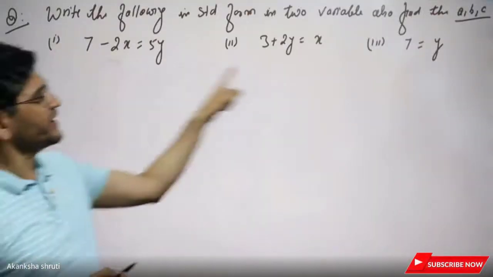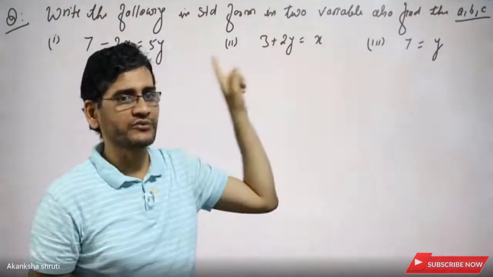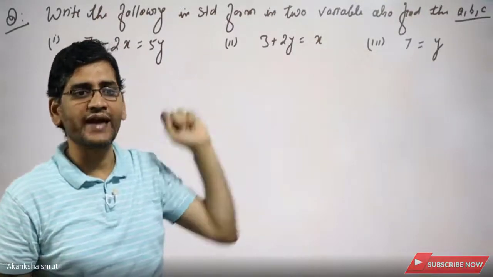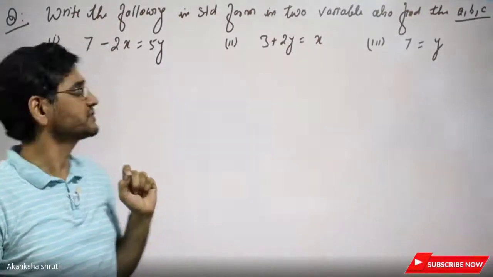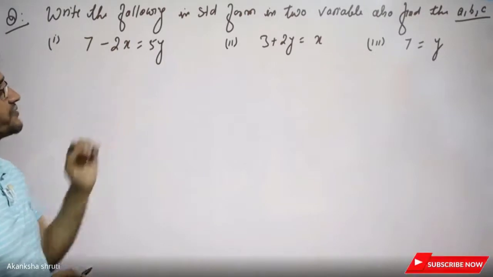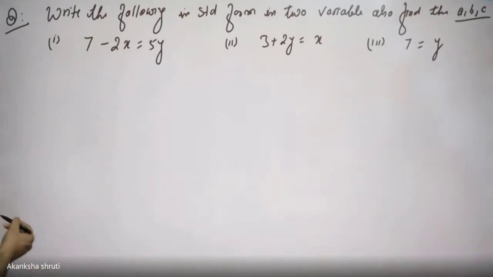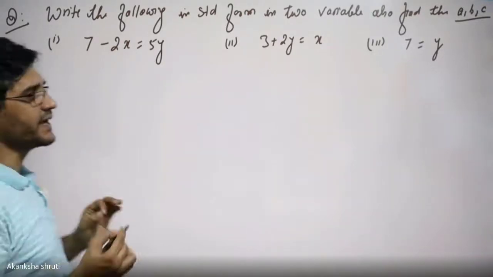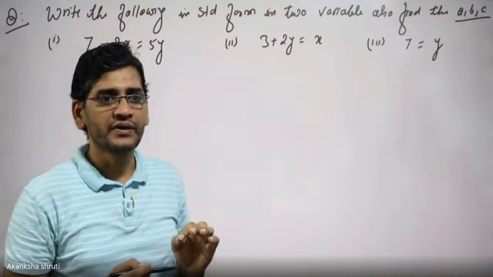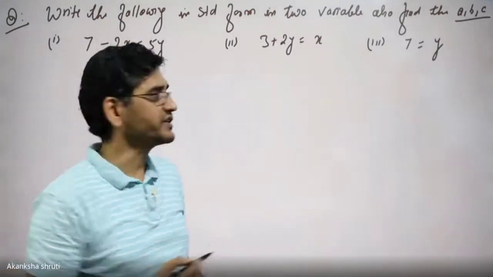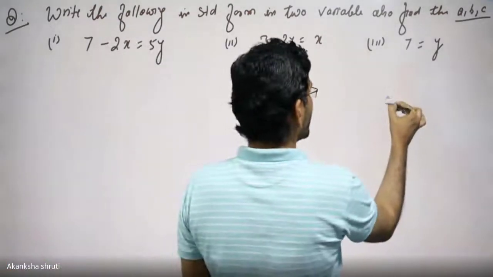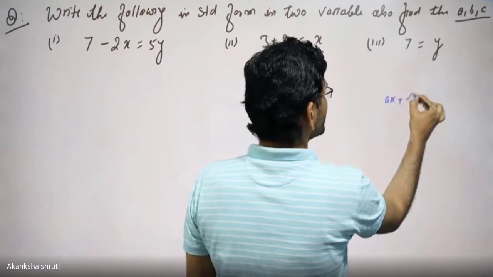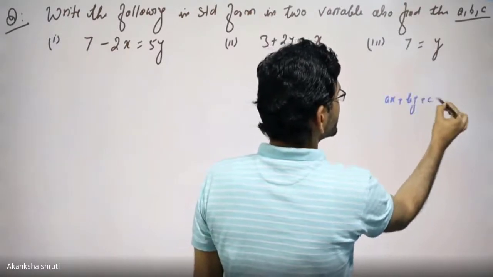These are the equations which we have to write in standard form in two variables, and we have to find their coefficients and constant term. Keep in mind, for writing in standard form, we have to write the equation in the form of AX plus BY plus C is equal to 0.